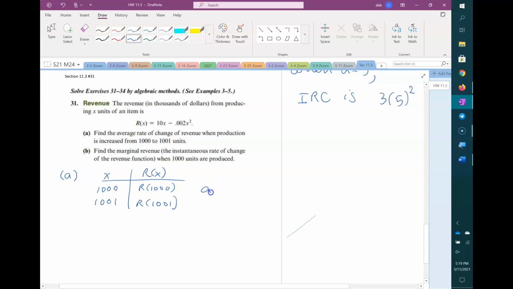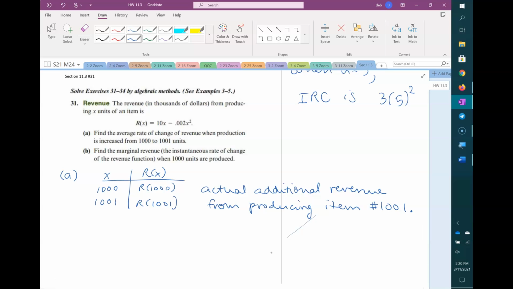And this is the actual additional revenue from producing item number 1001. So the total revenue that you get from selling 1001, the whole huge pile of money from selling 1001 of them. Then if you take away the revenue that came from the first 1,000, what will be left is the revenue for number 1001.